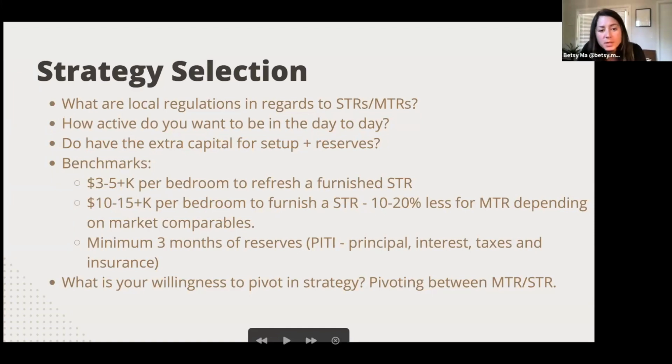If you are looking at midterm rental only in these same markets, you can usually get away with a budget that is 10 to 20% less, because they are there to live life day-to-day. They're not there for an intense vacation experience.